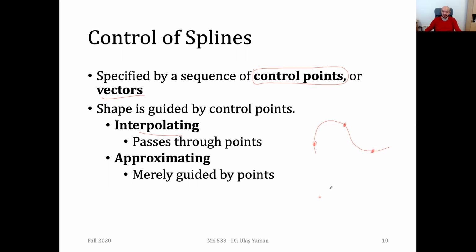But if it's an approximating one, then that might be going away from your control point. Since it doesn't have to actually go through the control points, this is an approximating version, so it just approximates your control points. This is the main difference.